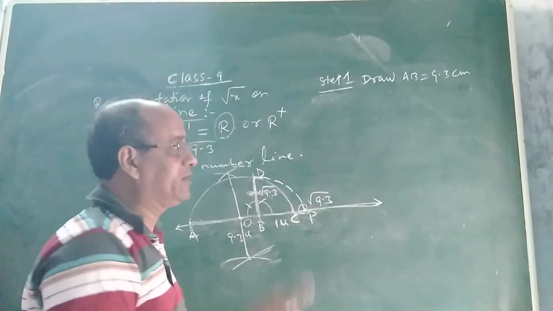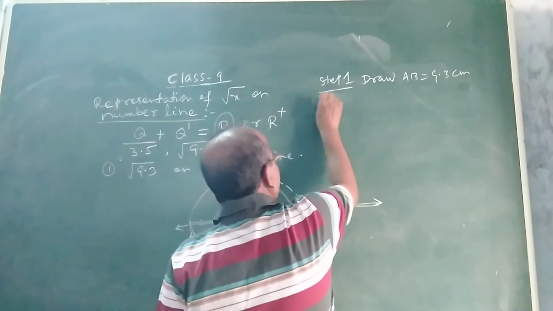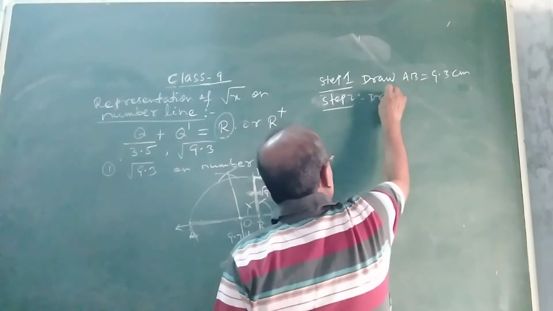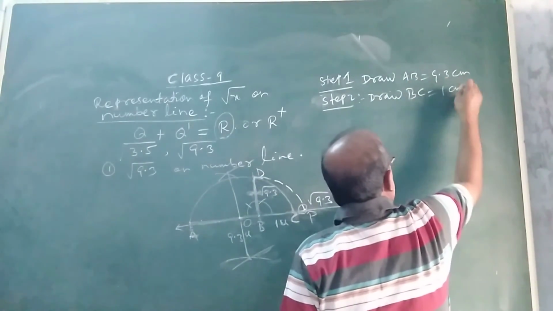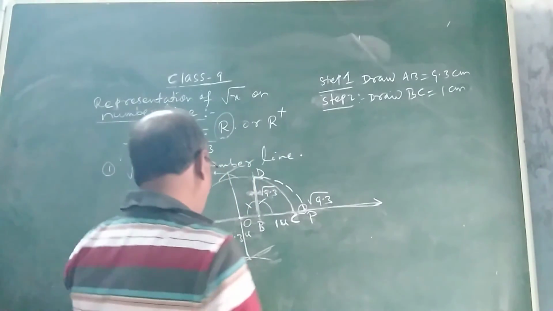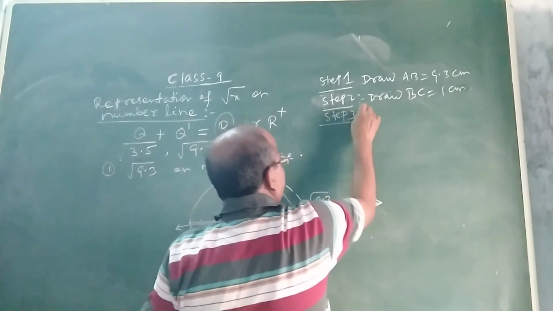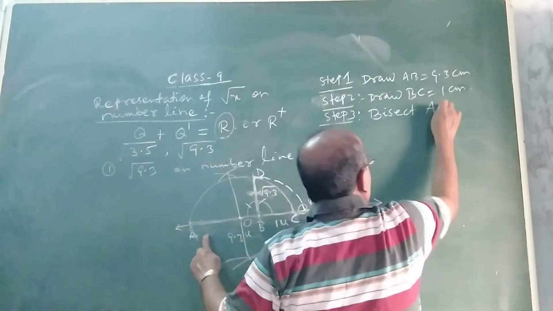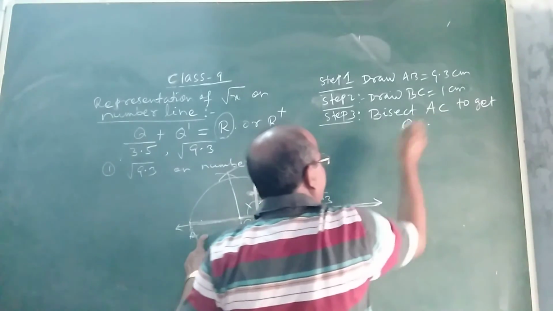If you assume 1 unit equal to 1 cm, then step 2 is draw BC equal to 1 centimeter or 1 unit. Now, what is the third step? The third step is bisect AC to get the point O.